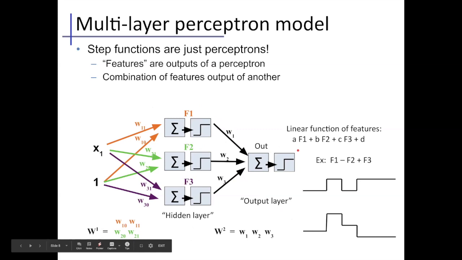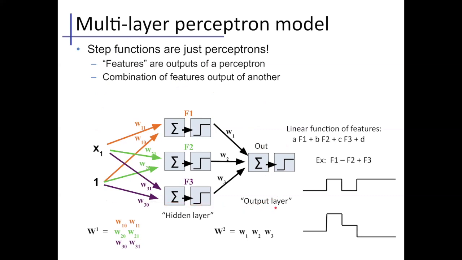You can think of these perceptrons as generating new sets of feature vectors, and using that feature vector as the input to the output perceptron. So this is the so-called multi-layer perceptron model. The reason it is called multi-layer is the terminology: you have an input layer, a hidden layer, and an output layer. So overall, you have three layers.